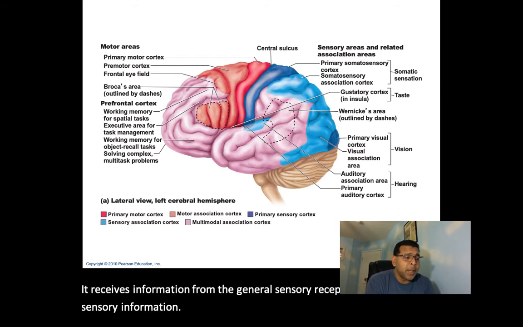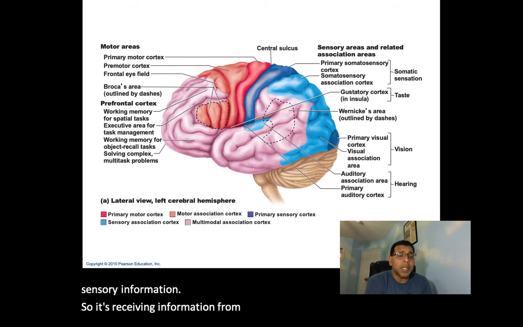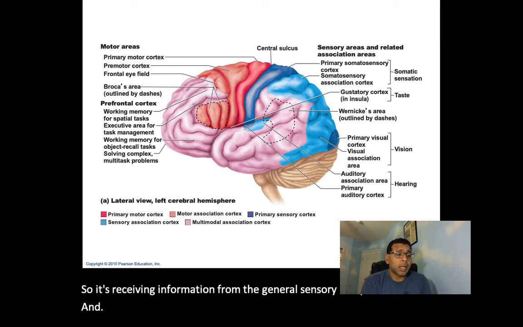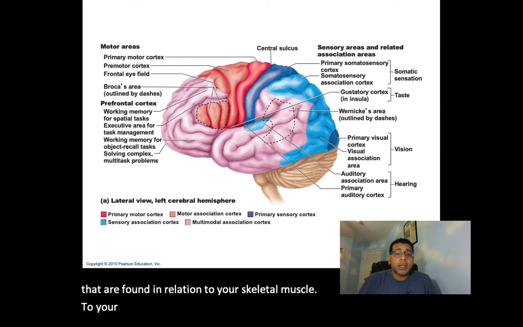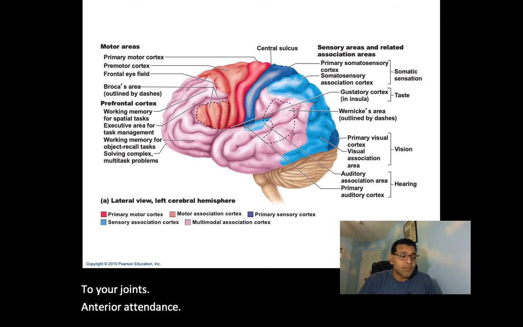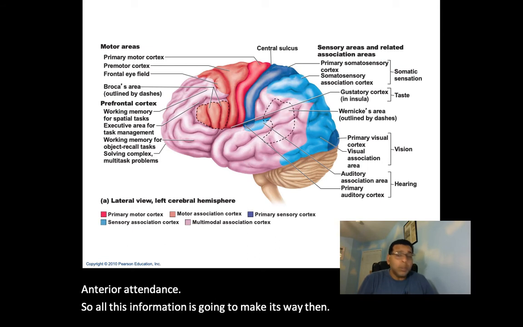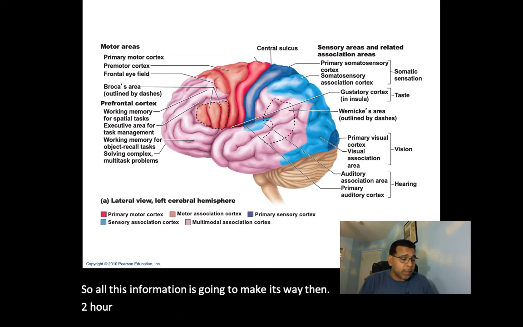It receives information from the general sensory receptors in the skin, and also from proprioceptors. These are receptors found in relation to your skeletal muscle, your joints, and your tendons. So all this information is going to make its way to our primary somatosensory cortex.